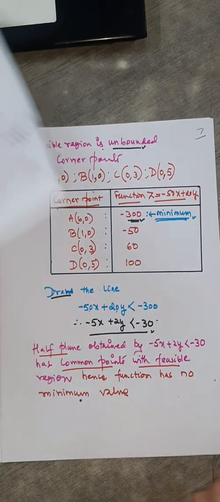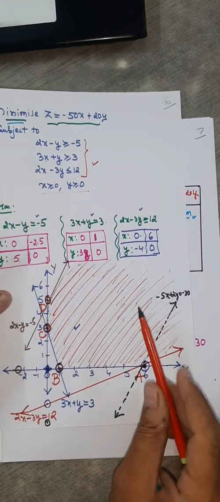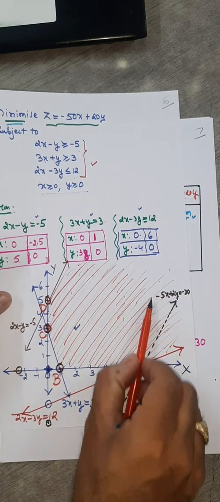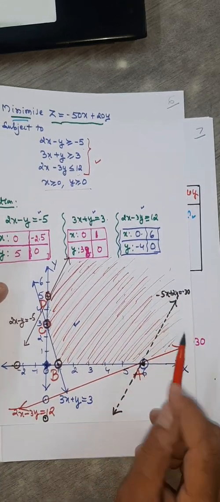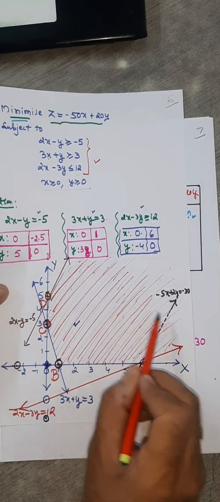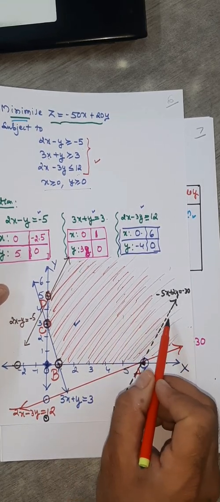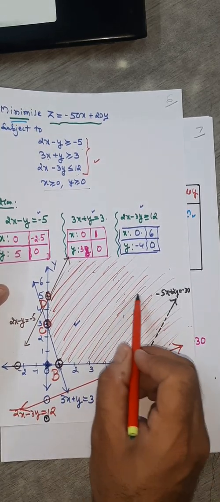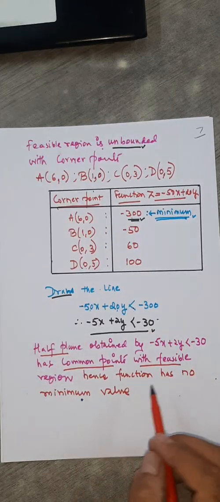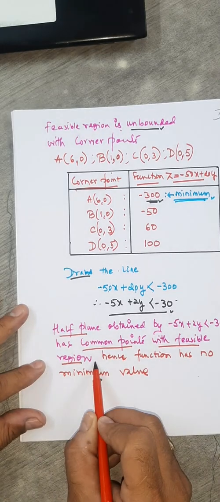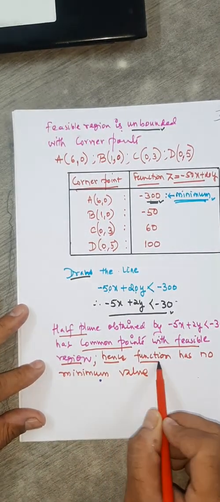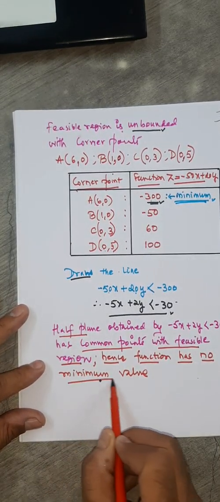You can see that if it is this half plane, then these are all common points. If it is the other half plane, these are all common points. So whether it is this half plane or that half plane, it has common points with the feasible region. Therefore, the conclusion is that the function has no minimum value.